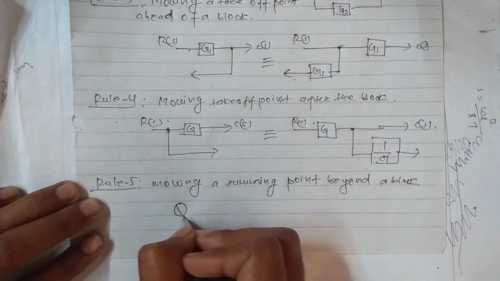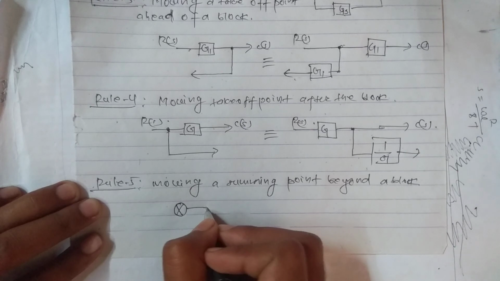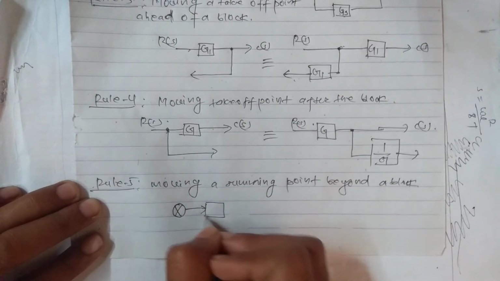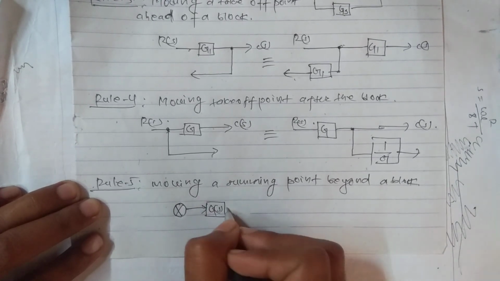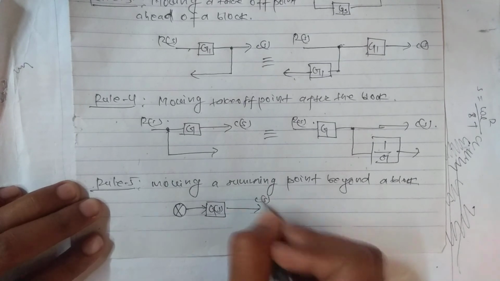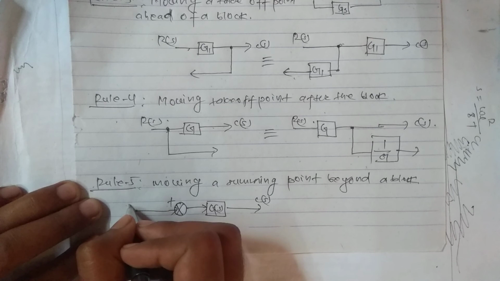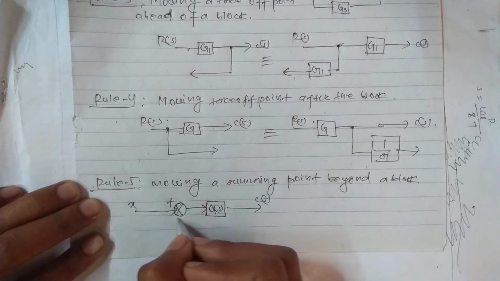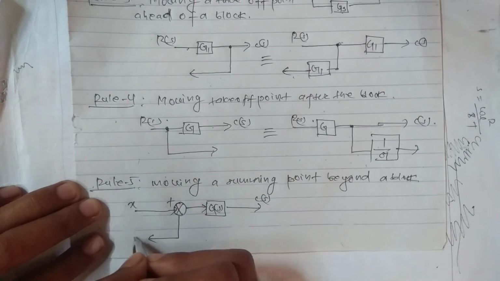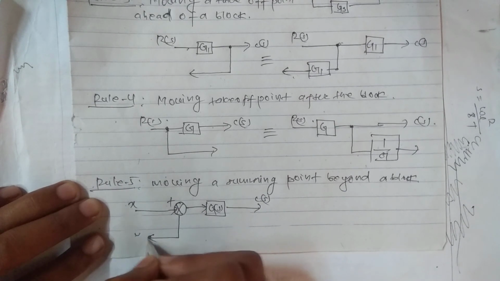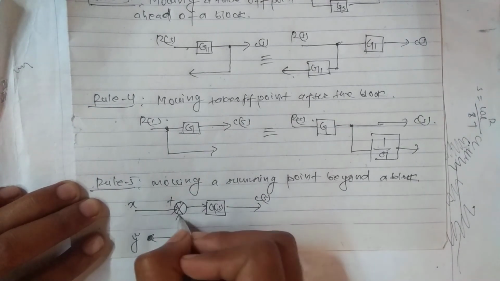Suppose right now we have the summing point here and the block connected here, G(S) and C(S), and here we have X and Y.